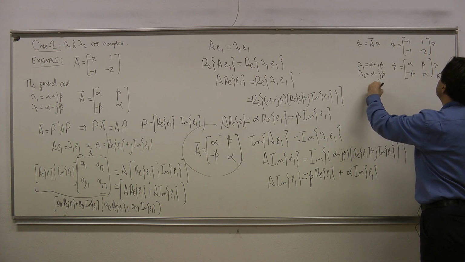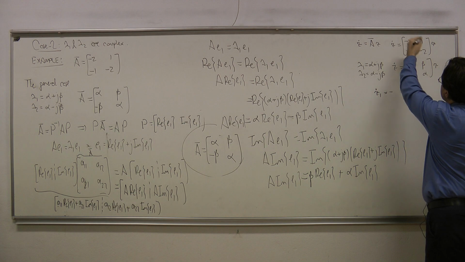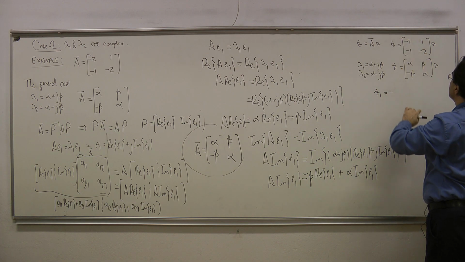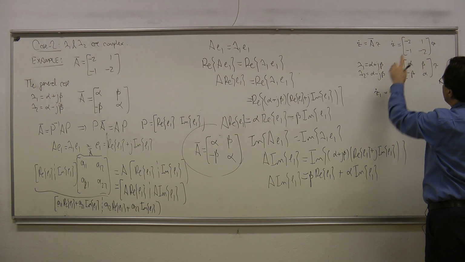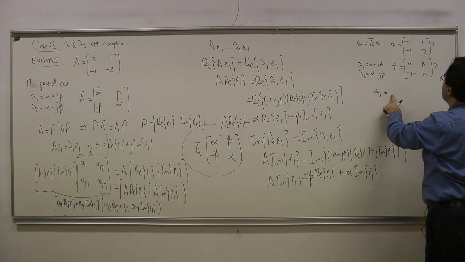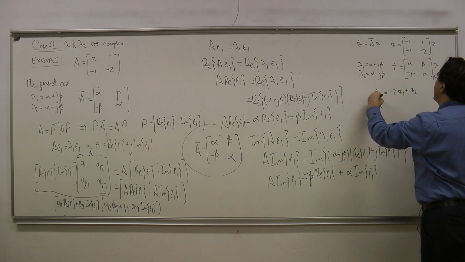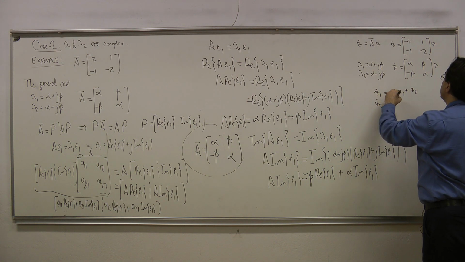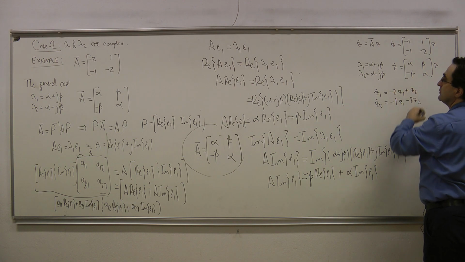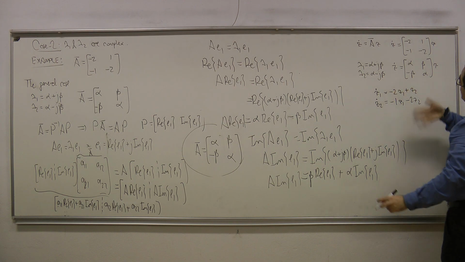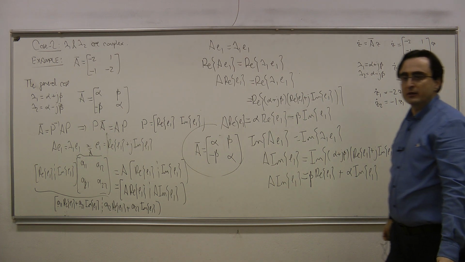If I write the differential equations corresponding to this equation, that is going to give me Z1 dot is equal to minus 2Z1 plus Z2, and Z2 dot is equal to minus 1 Z1 minus 2 Z2. So you see that there is still no decoupling.